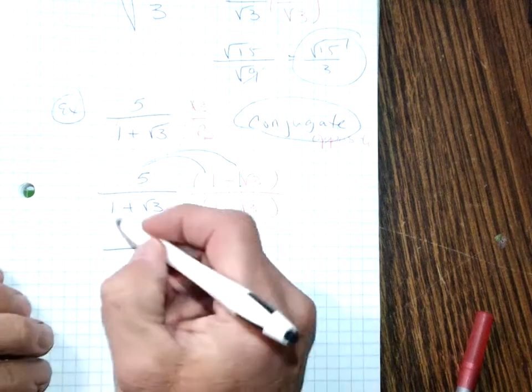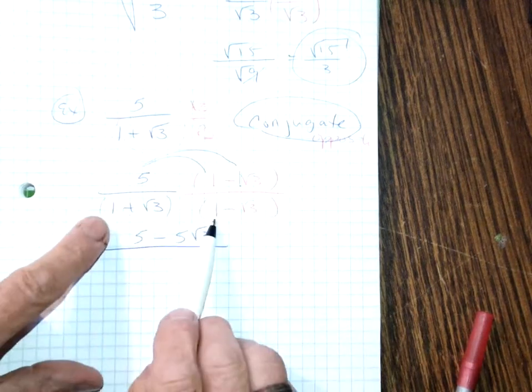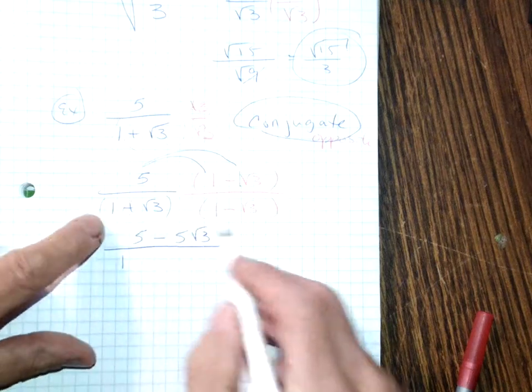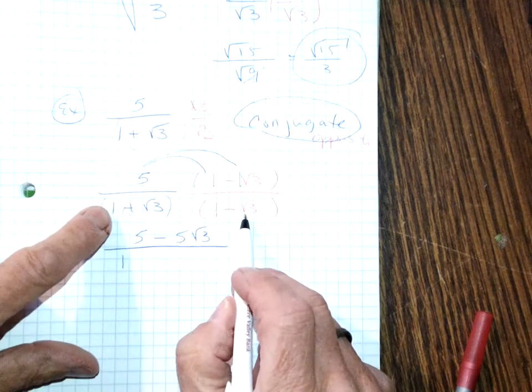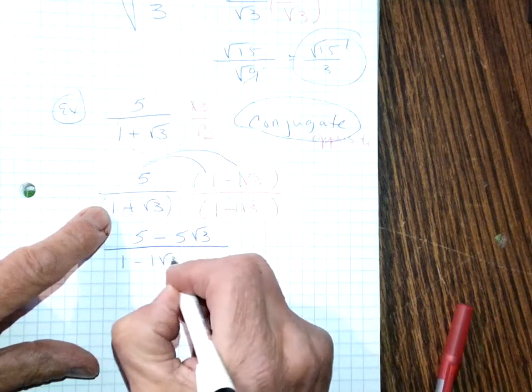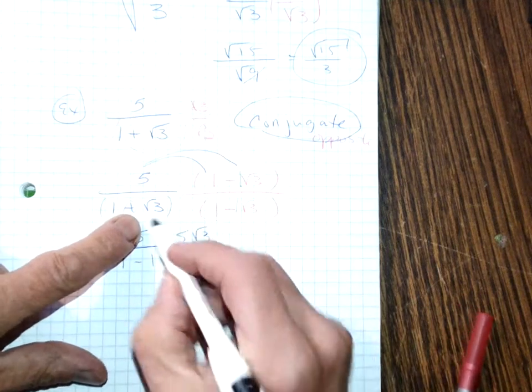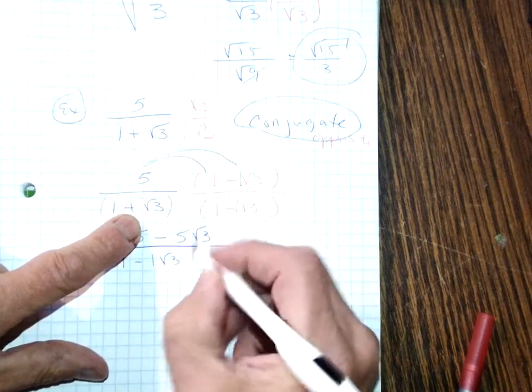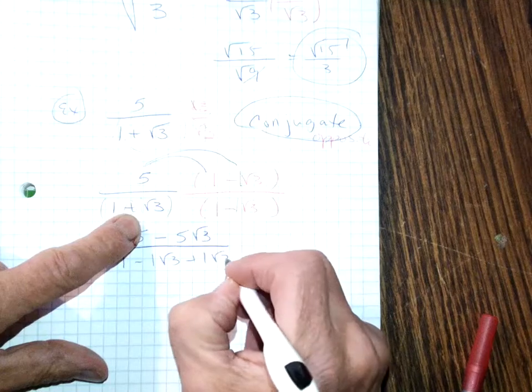Now on the bottom, we're going to FOIL. 1 times 1 is 1. 1 times the square root of 3, remember there's an invisible 1 here, makes a negative 1 square root of 3. Now we multiply the inside: 1 times 1 is 1, so I get a positive 1 square root of 3.